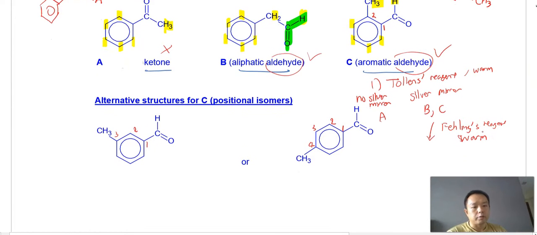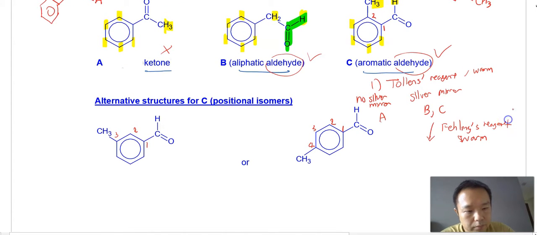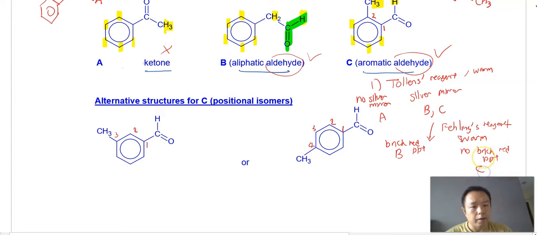So Fehling's reagent is to test for aliphatic aldehyde. So an aliphatic aldehyde, in the case of B, will give a brick red ppt, whereas for C, no brick red ppt. Your aromatic aldehyde will not give a brick red ppt for C, and that's how I distinguish them. So Tollens followed by Fehling's. Alright, it's a simple chemical test.